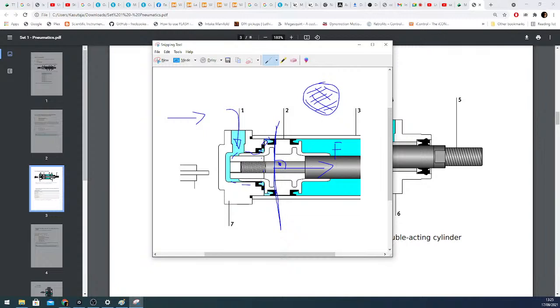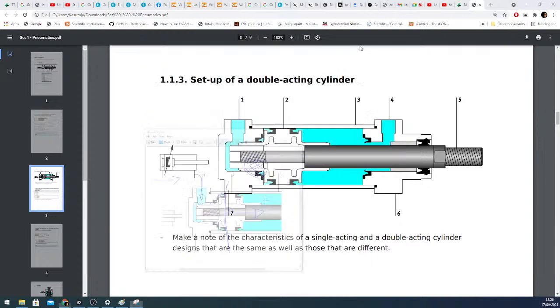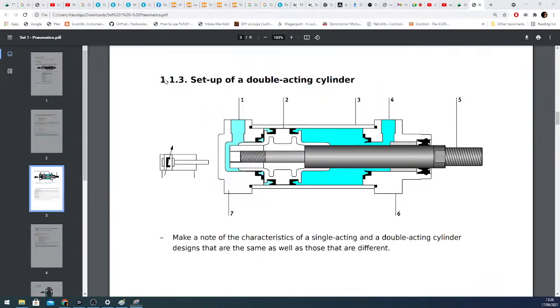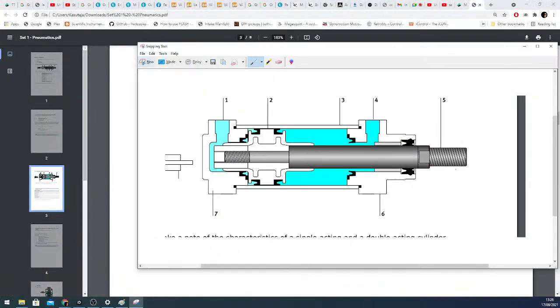So basically it will generate force in the direction of the piston rod, and that's what makes the piston move, the force that is generated there. So for example, in this picture, if we want to make the piston move out, so we want to move the piston rod out of the cylinder, we need to put compressed air in from this side. This generates force. Force starts to move our cylinder, and the cylinder moves to its end position here.